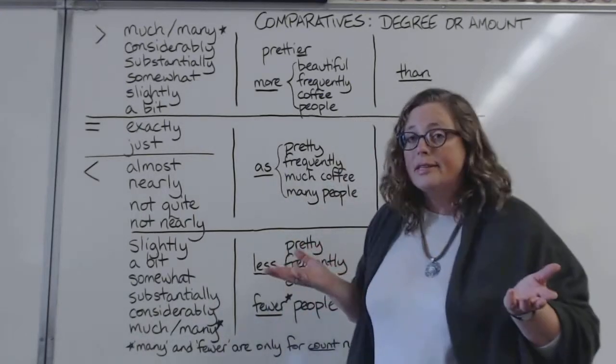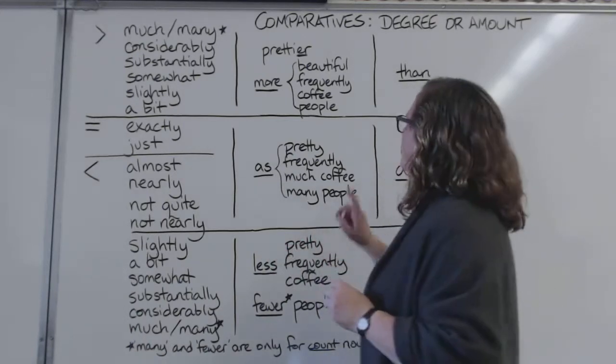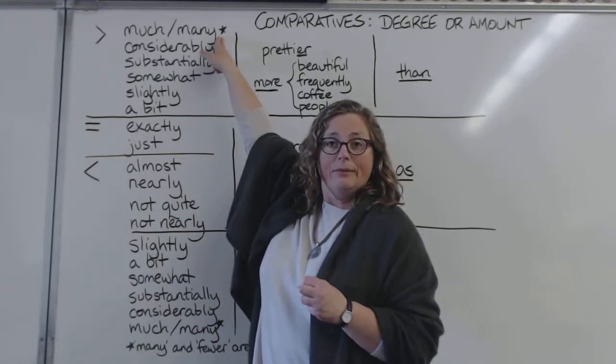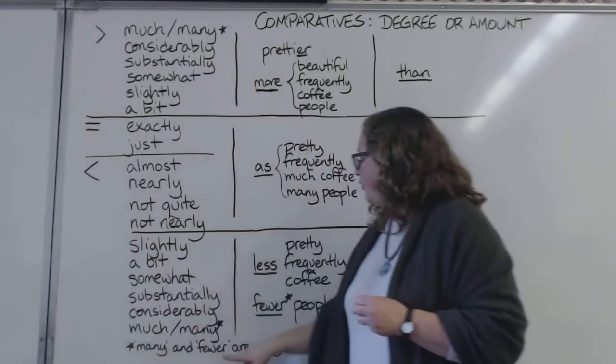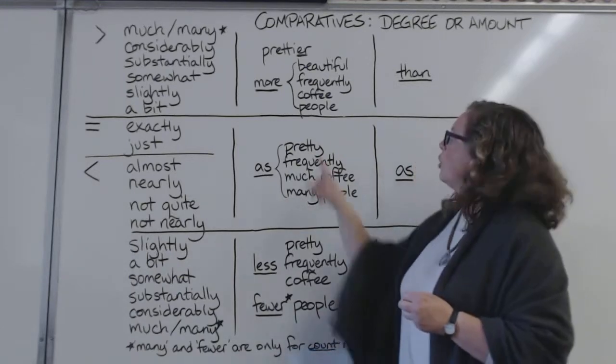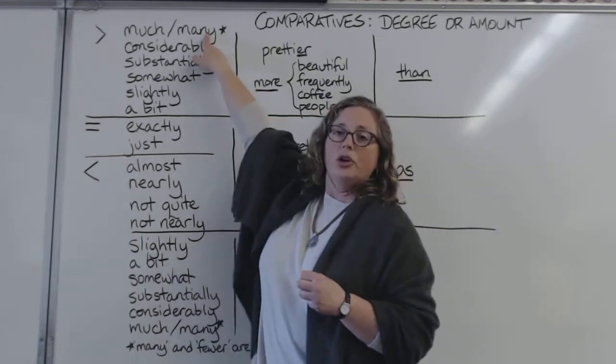Why does this matter? Things like this matter. Here's why. You'll notice that there's a star here after many. Many and fewer are only used for count nouns. So with people, many is good.